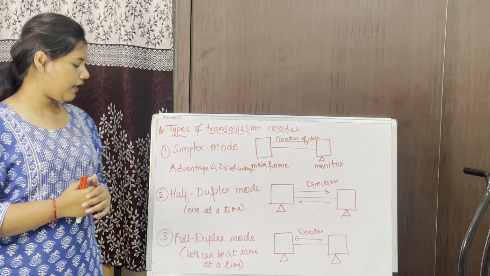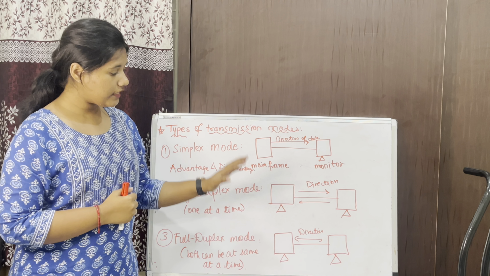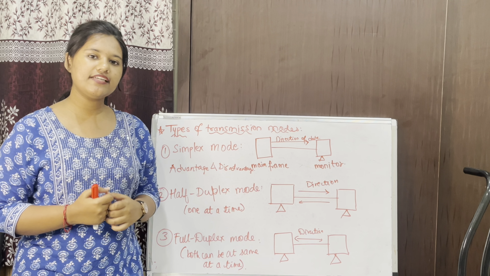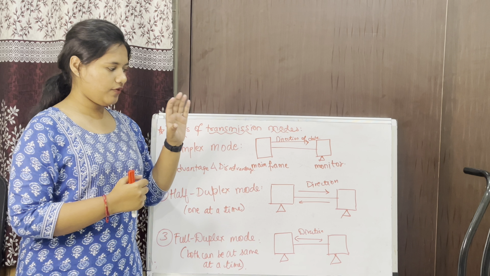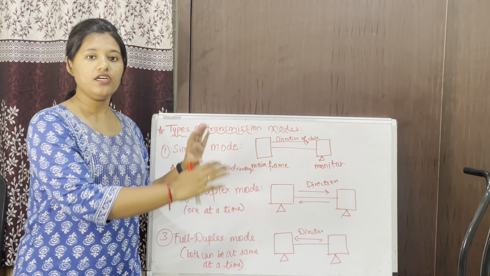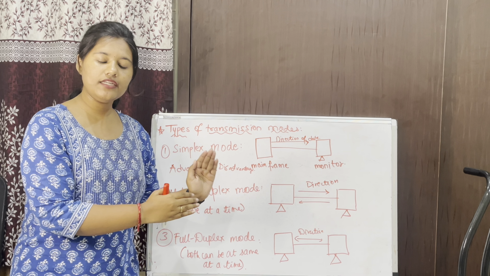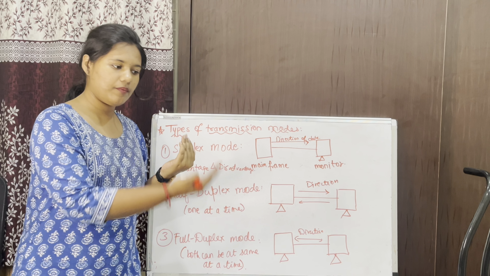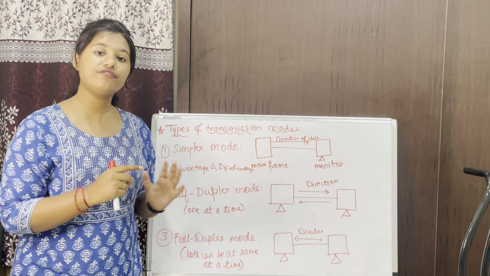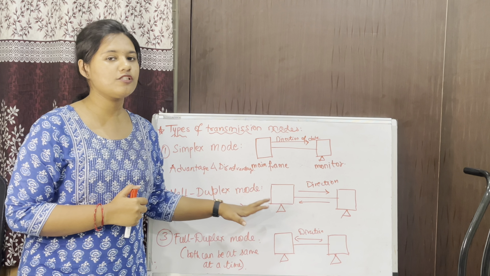Now we are going to look at the half-duplex mode. In this half-duplex mode, both the devices can send or receive the data, but the difference is that when the sender is sending the data, the receiver end has to wait, and after that the sender has to wait so that the receiver can respond. So this takes a lot of time, and there is intercommunication, but there is a delay in this process.